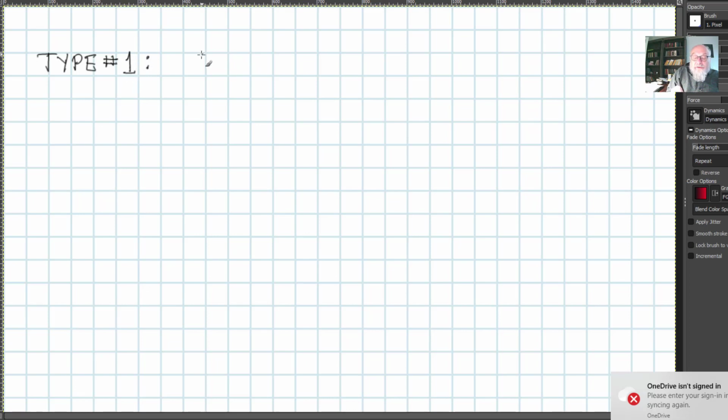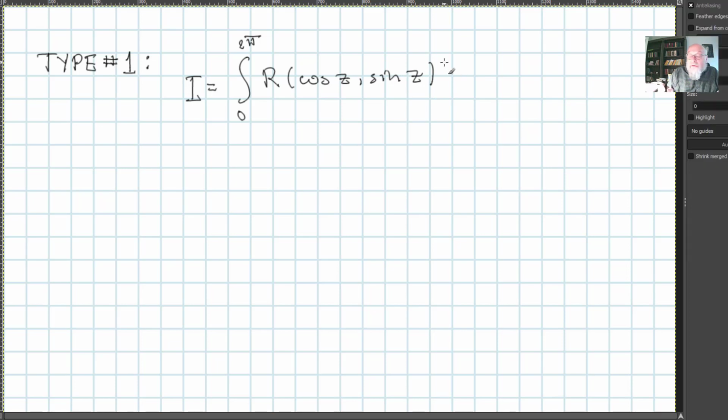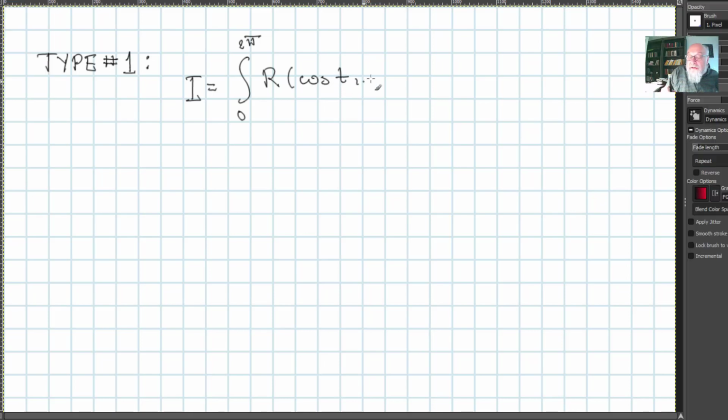It was an integral of the type I equal to the integral from 0 to 2 pi, so this was a trigonometric integral. Here R was standing for the rational function of cosine t and sine t, dt.